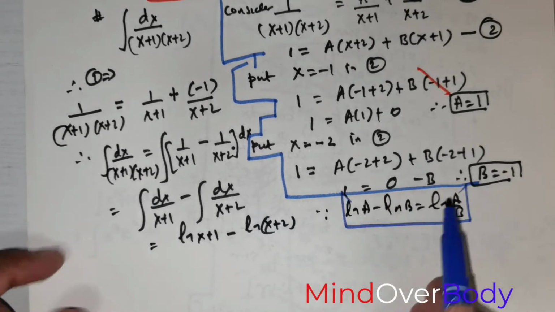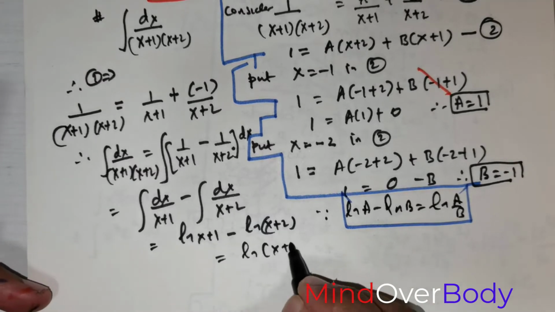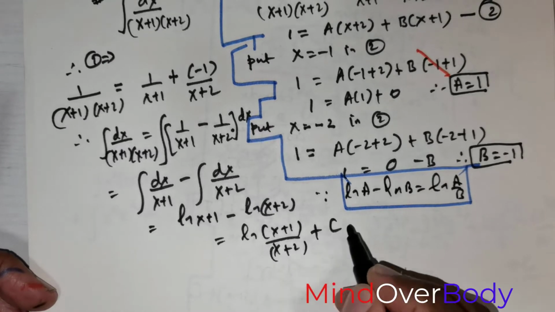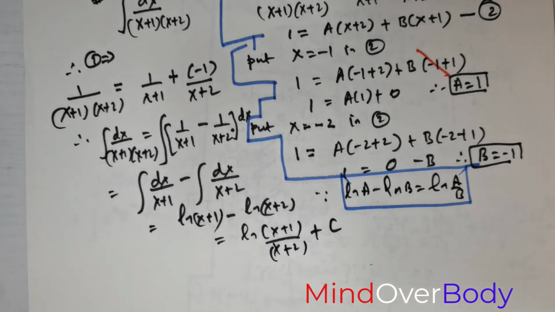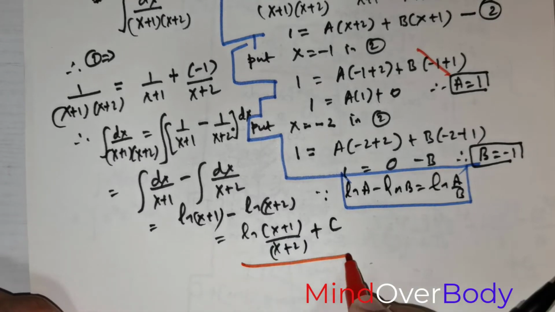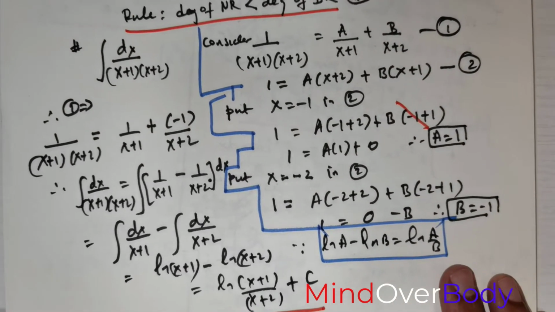By this formula, I can rewrite this as ln of (x+1) over (x+2) plus arbitrary constant C. So this is my final solution, and I've just applied the technique of partial fractions to get the result.